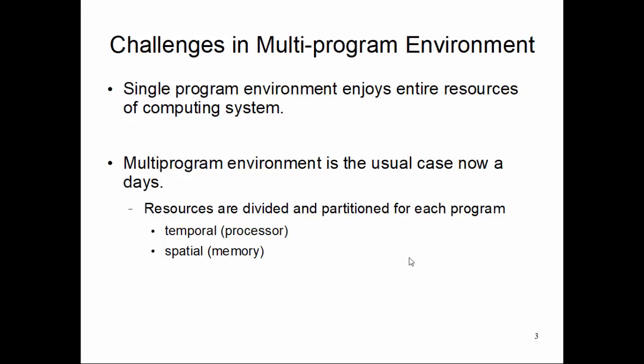And memory, on the other hand, is a resource with spatial distribution. Let's say you have 50 different programs; that means each program needs to have its own memory, and your memory is a fixed resource in the computing system, so you then need to distribute the memory among different processes spatially.